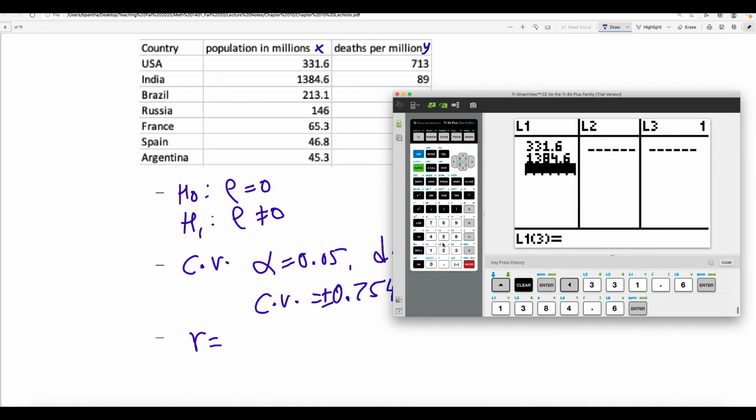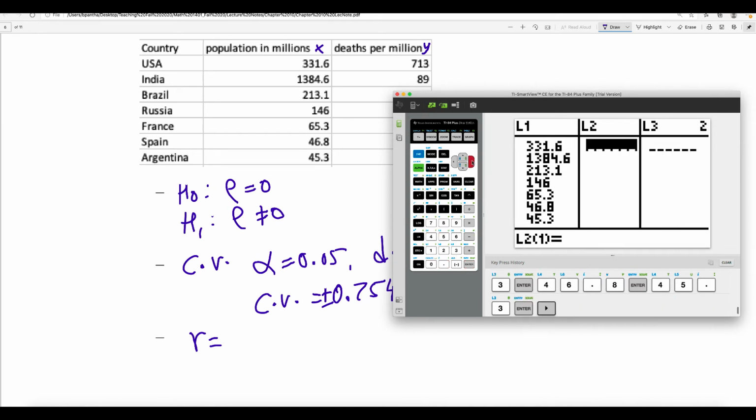Brazil is 213.1, and then Russia is 146 million, and then 65.3 is the other one, 46.8 is another one, and 45.3 is the other one.